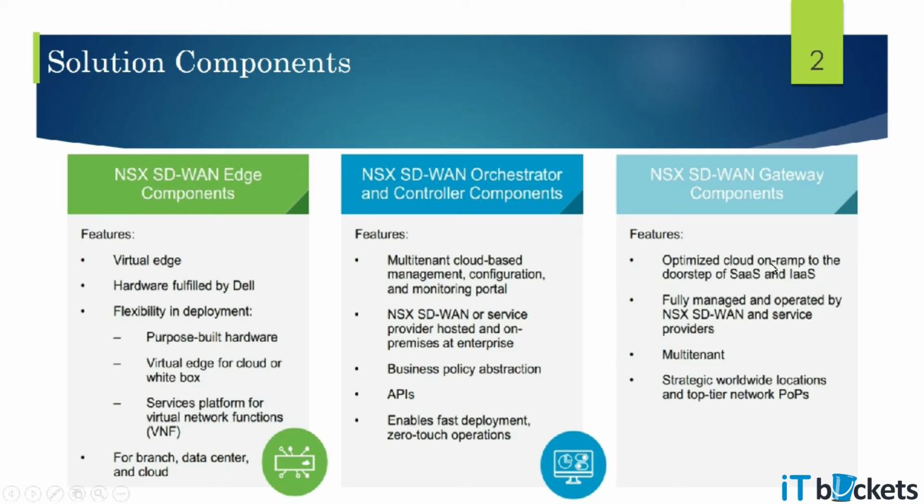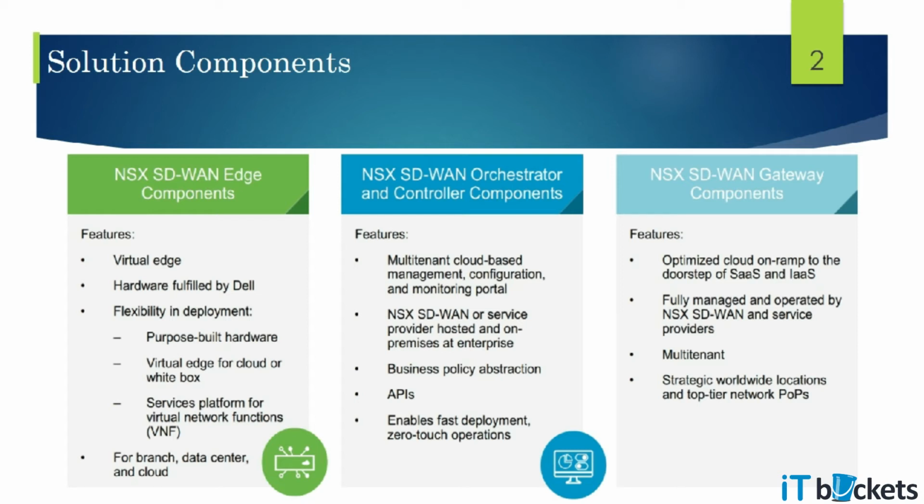And the last one is the NSX SD-WAN Gateway by VeloCloud. Basically, VMware SD-WAN operates a distributed network of gateways deployed around the world. You don't need to deploy a gateway, it's already pre-created by VMware around the world. Gateways can also be deployed on premises at the service provider side.